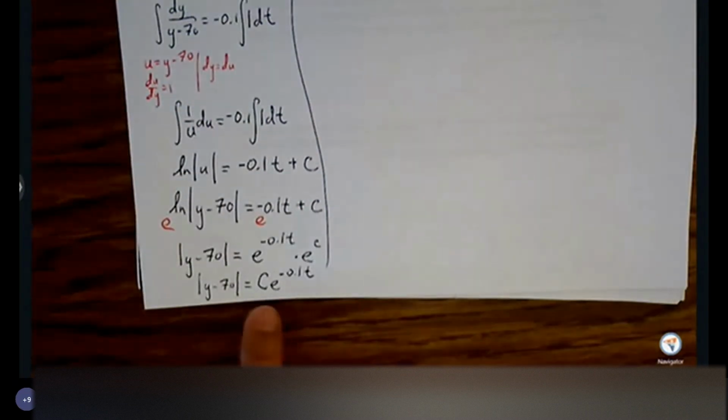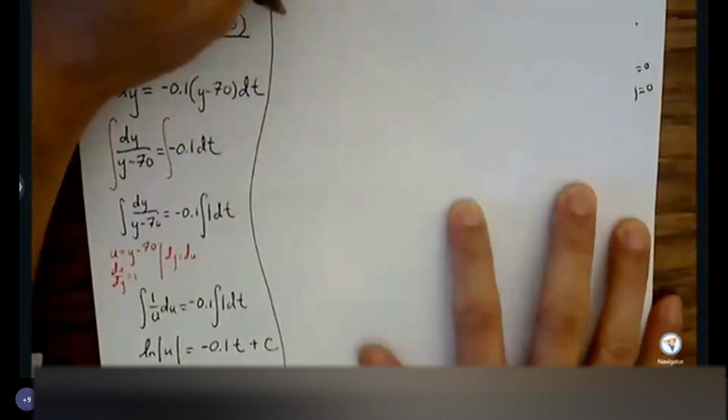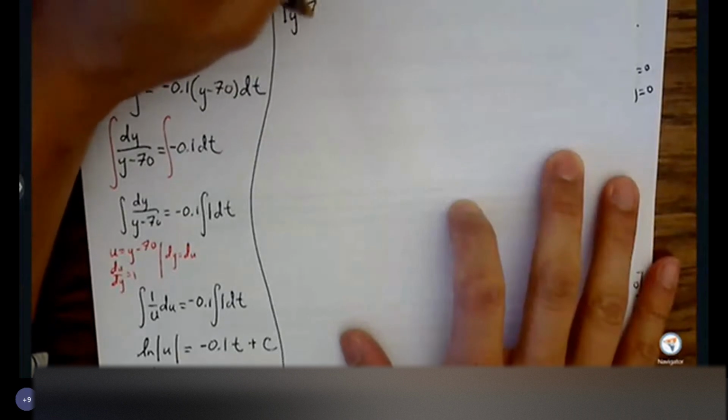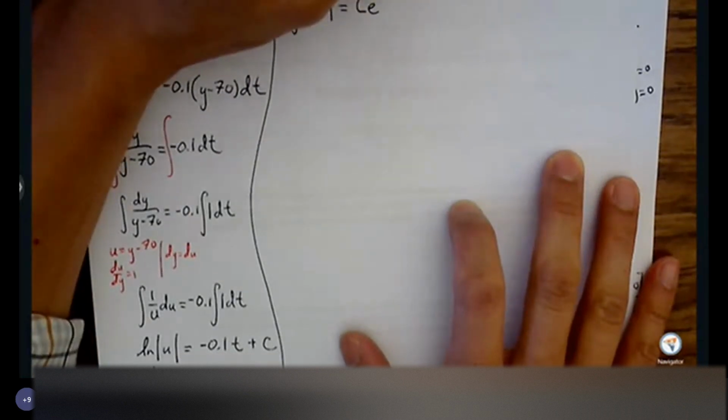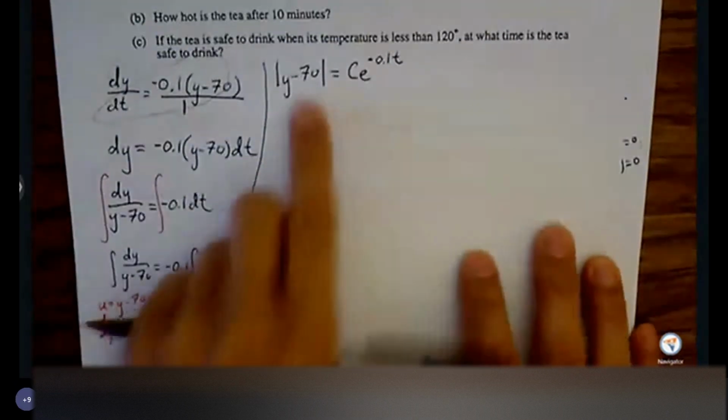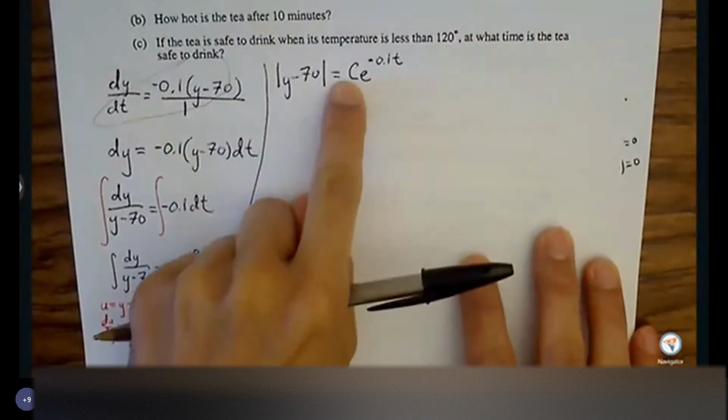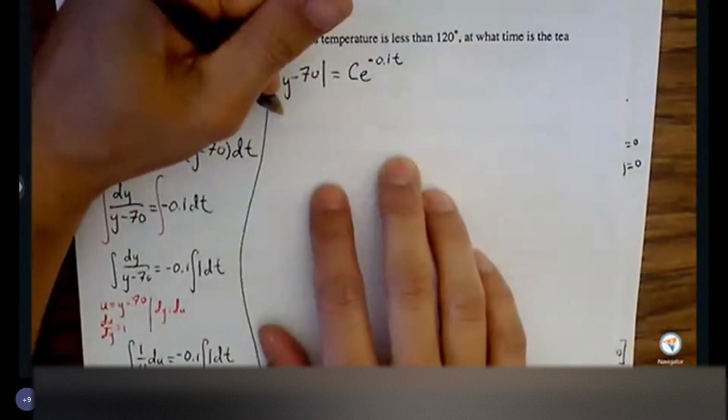Okay, I'm going to reset, put this up top here. We can drop the absolute value, and a plus or minus shows up.